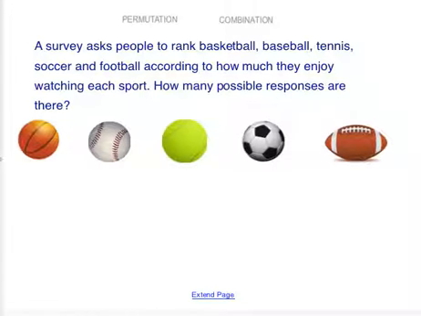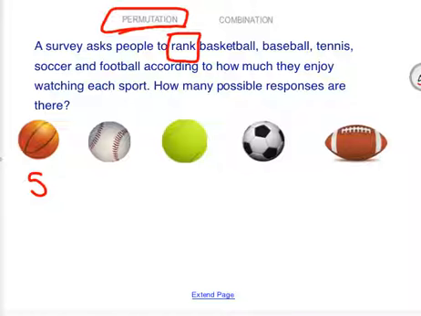Surveys ask people to rank basketball, baseball, tennis, soccer, and football according to how much they enjoy watching each sport. So I see that there's 5 of them by the logos. Your ranking. Rank should really tell you that this is a permutation. Order matters. First is different than second. So I go 5P2. So then it's going to be 5 factorial over 5 minus 2 factorial.